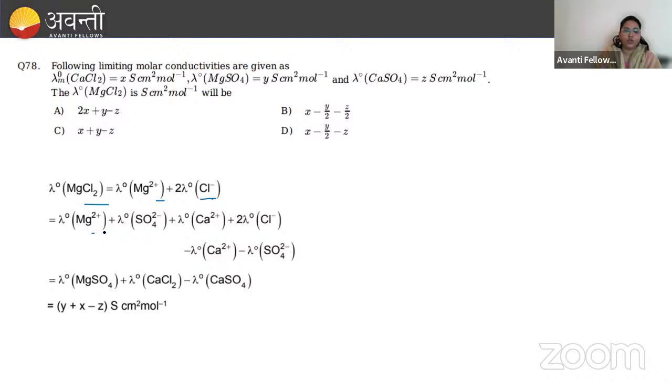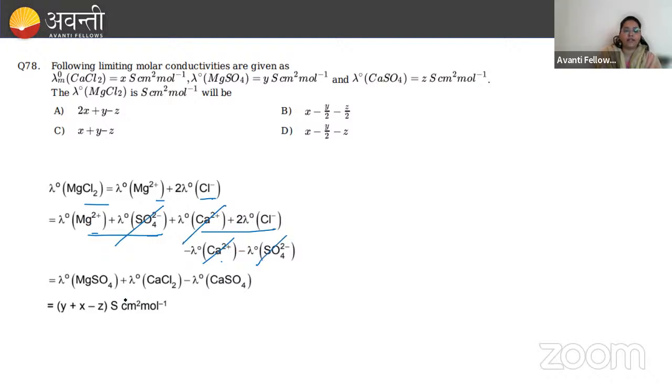MgCl2, Mg2+ Cl−. Okay, MgSO4. How I can form this? MgSO4, ये मैंने एक मॉलिक्यूल ले लिया, देन CaCl2 मैंने एक मॉलिक्यूल लिया, इन दोनों को ऐड कर दिया और इनमें से CaSO4 माइनस कर दिया. ठीक है, माइनस कर दिया, तो मुझे क्या मिलेगा?